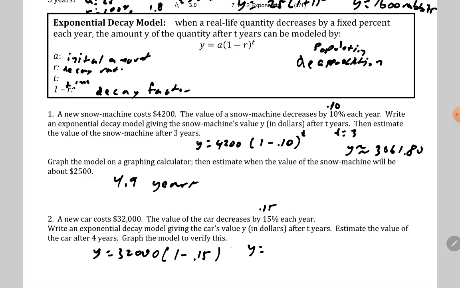So your equation is y equals 32,000 times 0.85 to the 4 years. And that'll be 16,704.20. So it might be around 16,000. So in 4 years, it's down to half.